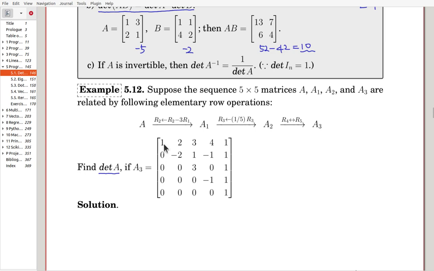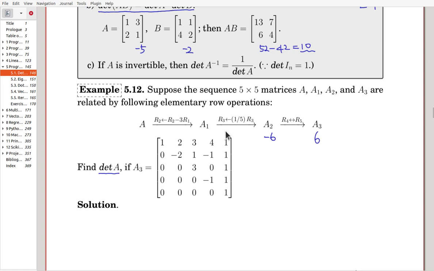This is an upper triangular matrix, so the product of the diagonal will be the determinant. 1, minus 2, 3, minus 1, so that is 6, right? The determinant of A3 is 6, and it is made by an interchange operation, so the determinant of A2 must be minus 6.